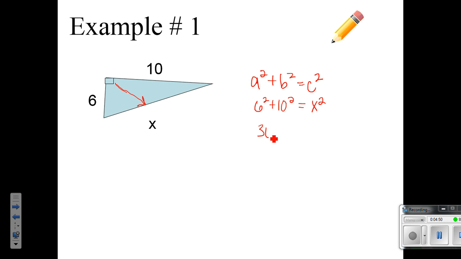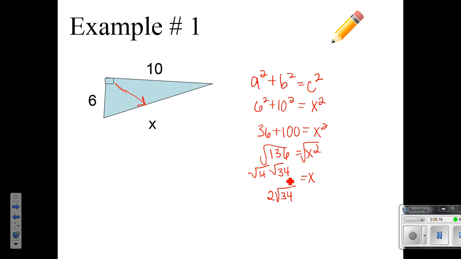6 squared is 36, 10 squared is 100, equals x squared. 36 plus 100 is 136 equals x squared. Square root both sides. x equals, now I've got to break down the square root of 136, finding the largest perfect square that goes into 136. I'm pretty sure that's 4, and 4 times 34 makes 136, and the square root of 4 is 2.